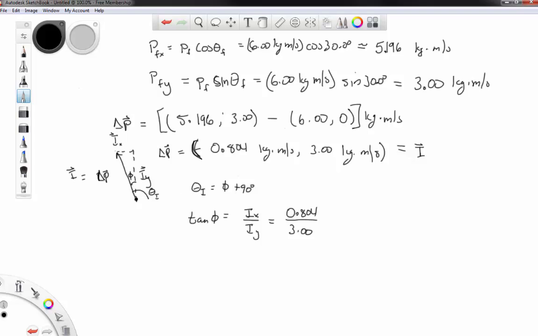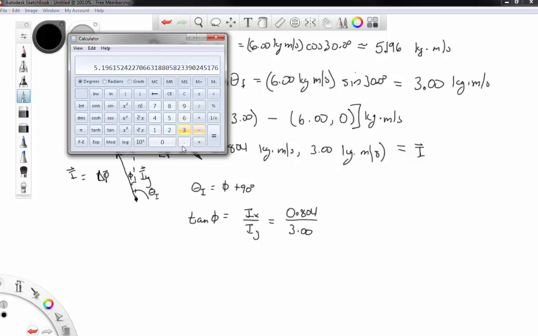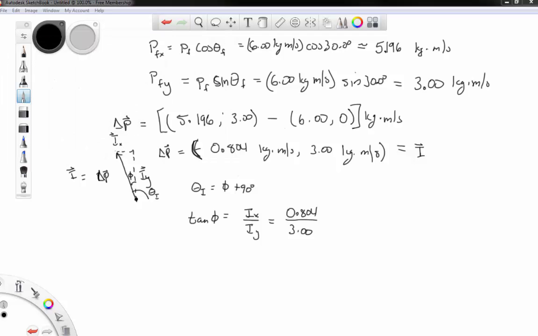So let's see what we get for phi. 0.804 divided by 3, and then we need to take an inverse tangent of that. That gives us 15 degrees. So what we have so far is phi is about 15.0 degrees, but that means that theta is about 105 degrees.